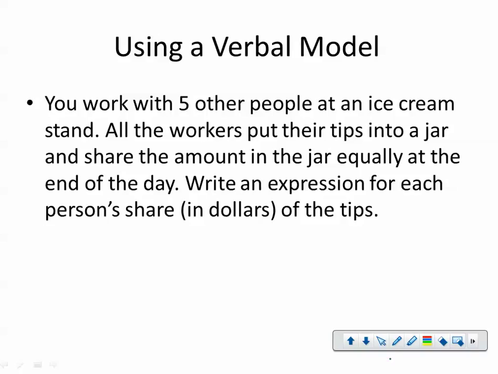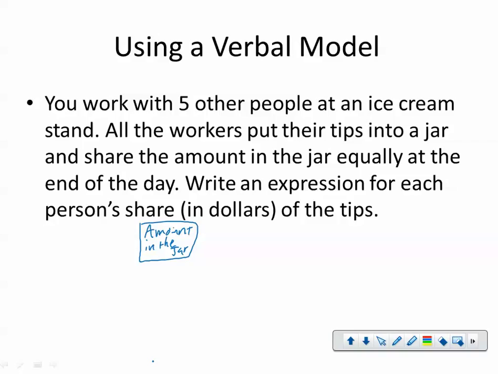So verbal model, we're going to take the words of this situation and we're going to create something mathematical, right? So what do we have? We have the amount in the jar, right? If we're talking about needing to split up the tips, we know that the amount in the jar is the total amount of money that we're getting for tips.